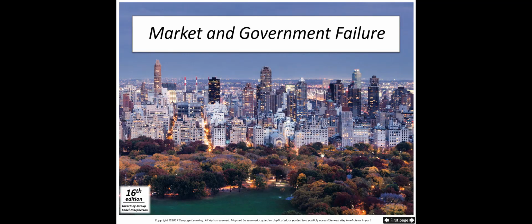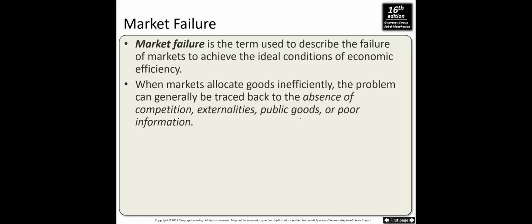And the next topic is market and government failure. So we know that when there is a market failure, it's best for the government to intervene, right? If there is a lack of competition, government can check the industry and break up the companies, for instance. If there is an externality, government can regulate, fine the companies, tax the companies, or set some rules for pollution or other things.